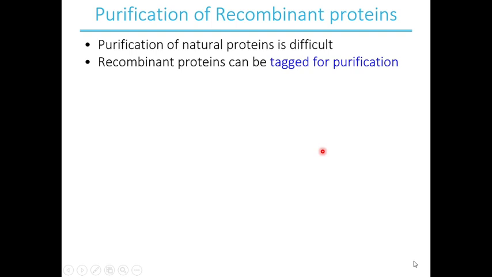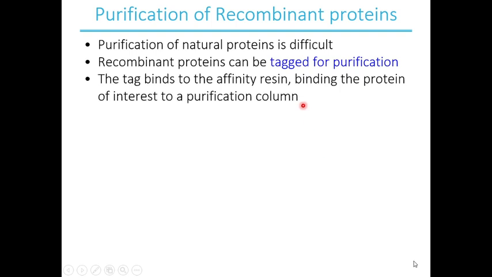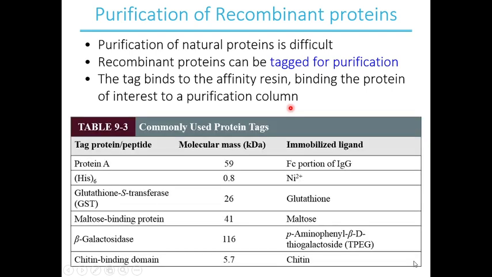So what is a tag? The tag that is attached to a protein binds to an affinity resin, binding the protein of interest along with it to a purification column. I'll explain this principle in the next slide, but let us see what constitutes a tag.